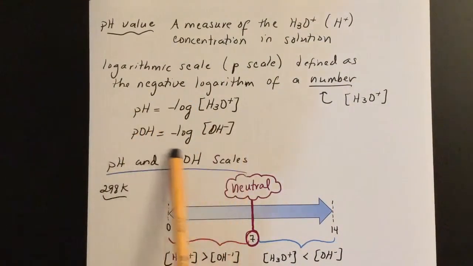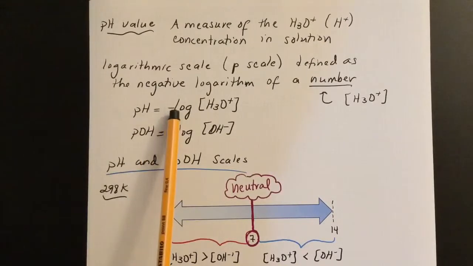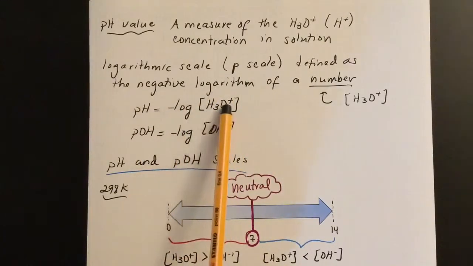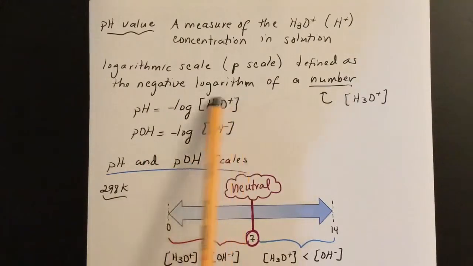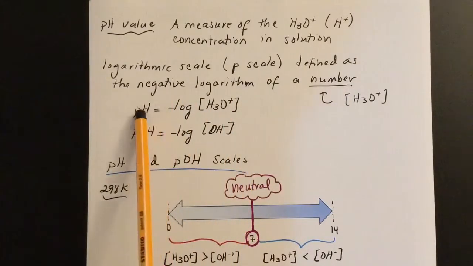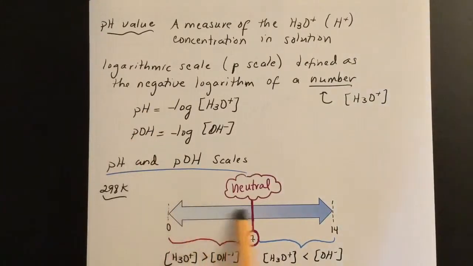So I have here two equations that we can use to calculate pH or pOH values. The first equation is pH equals minus log of the concentration of your hydronium. This is going to tell you how much hydronium you have in solution based on your pH value here. And that pH and pOH is something that we have in a scale.